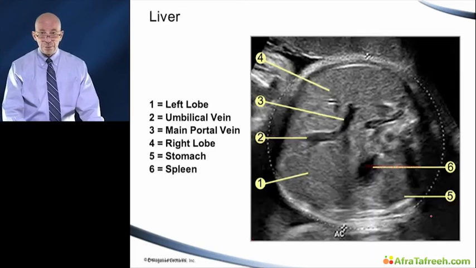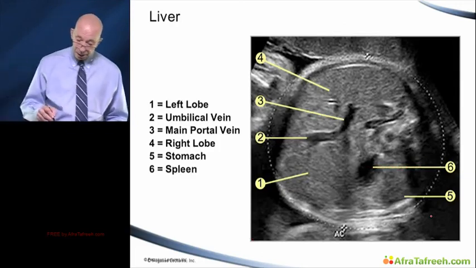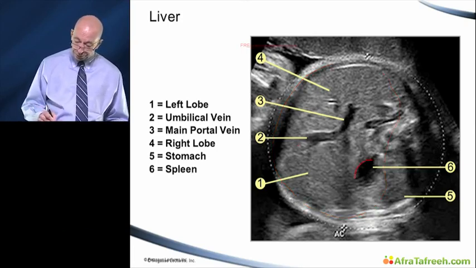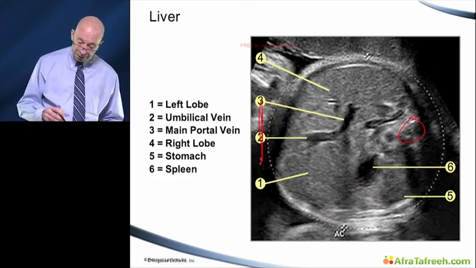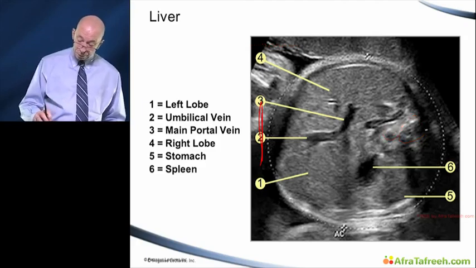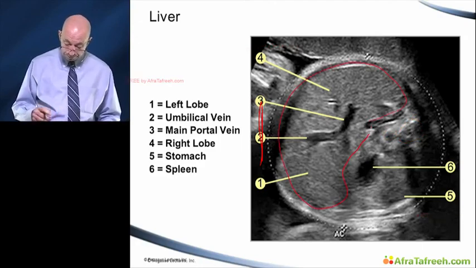This cross-section through the fetal abdomen demonstrates some of these normal anatomical landmarks. The upper abdomen is filled predominantly by liver, although we are seeing a fluid-filled stomach here. This is the vertebral body. This is the anterior surface of the abdomen. And we're seeing a nice cross-section through the aorta. The liver is here.